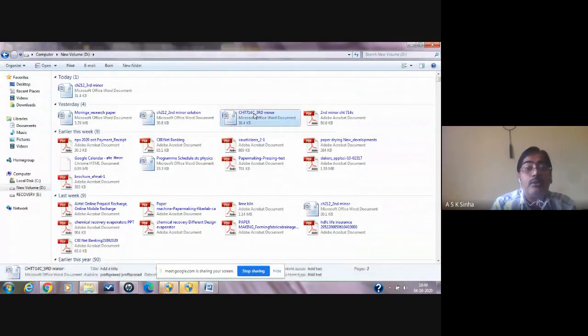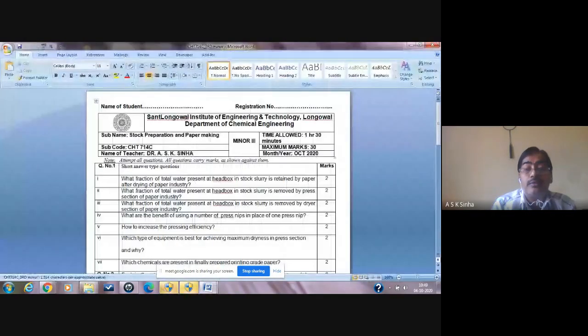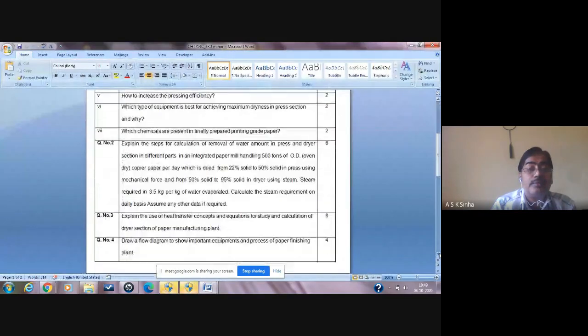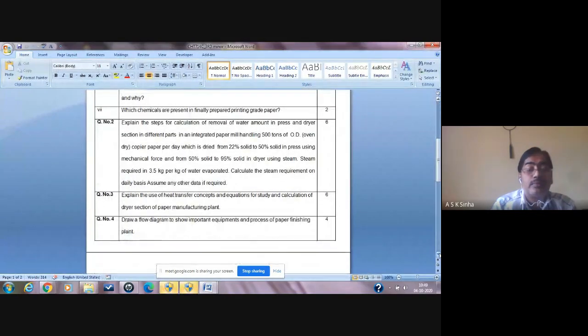And another problem is given here. Explain the steps for calculation of removal of water amount in the press and dryer sections of different parts in an integrated paper mill handling 500 tons of OD copier paper per day, which is dried from 22% solid to 50% solid in the press using mechanical force and from 50% solid to 95% solid in the dryer using steam.